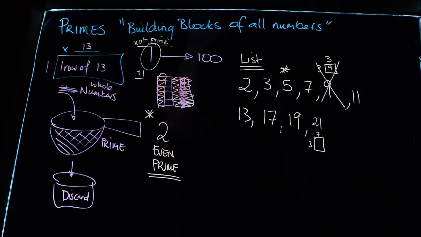It is the product of 2 prime numbers. So just be careful with some of these. 23's on our list, 25's not, 27's not because that's a multiple of 3. 29, 31 is the next one on our list.